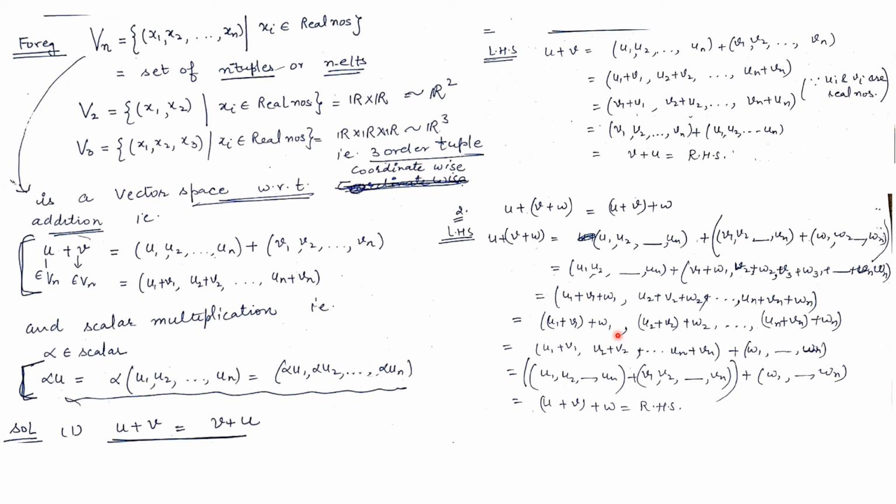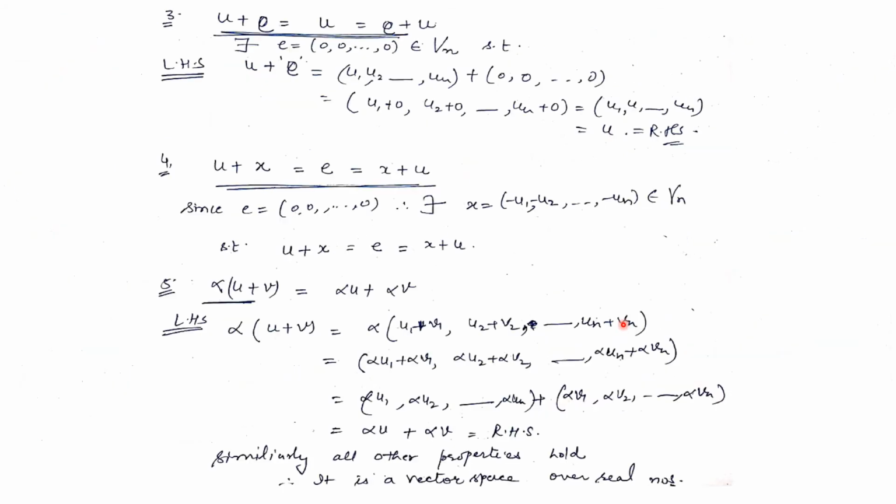Now see the next one. Now the third property is the existence of identity, right? What should we add to u so that again we get u? Okay, so now just see, our u is u1, u2 till up to un. What should we add to it so that we again get u1, u2 till up to un? It means in each coordinate we add 0, right?